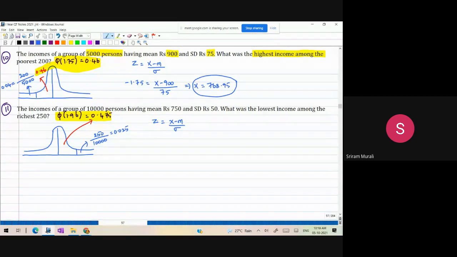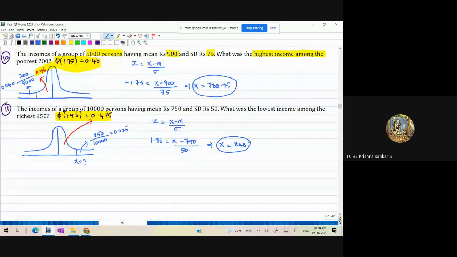Plus or minus? Plus, sir, 1.96. X is to be found. Minus m is given, SD is given. What is x? 848. Have you all understood?